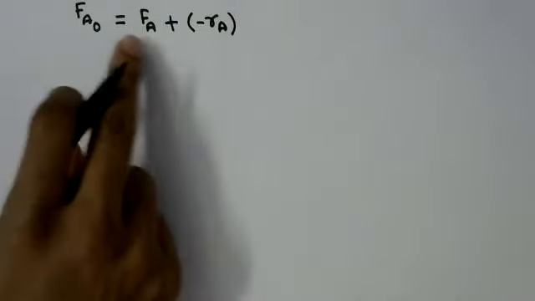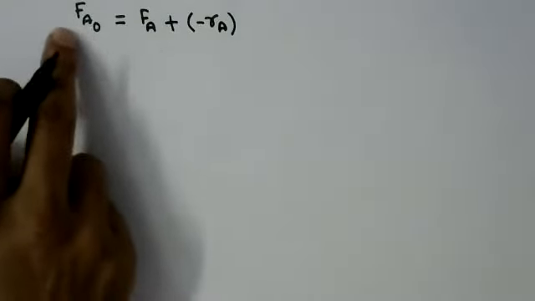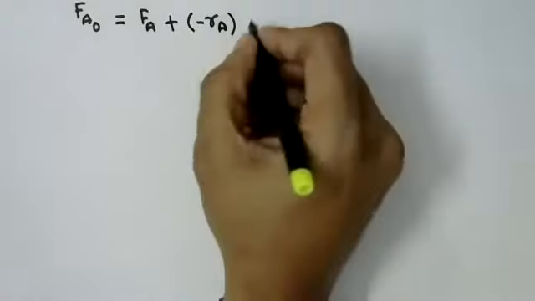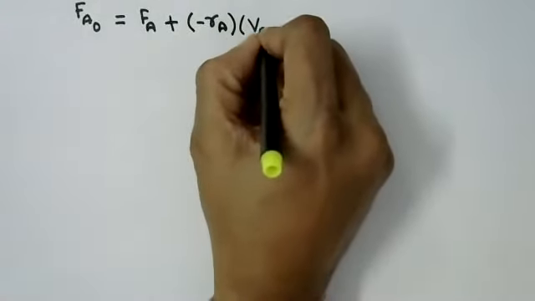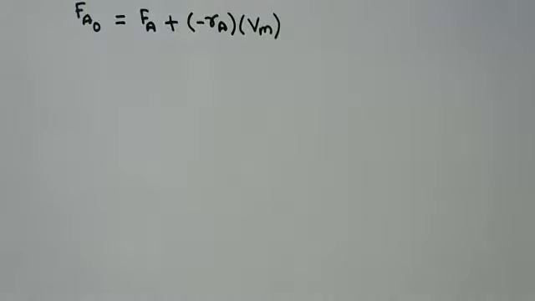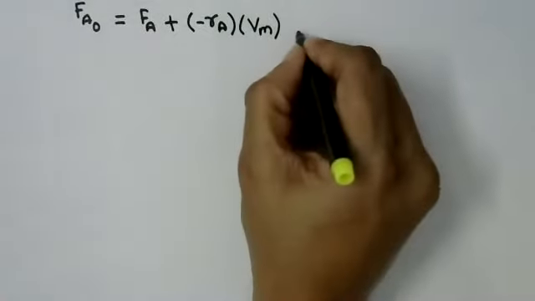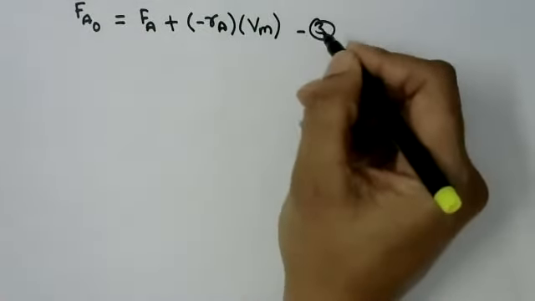But since the units of these are mole per second, we multiply minus RA with Vm, the volume of the mixed flow reactor. This is equation number 3.